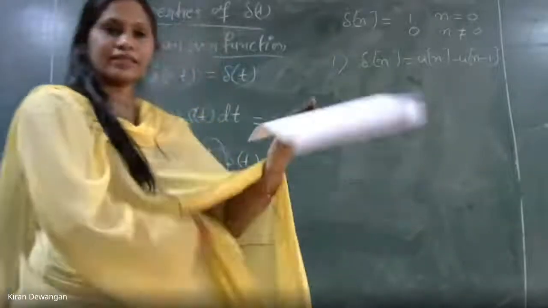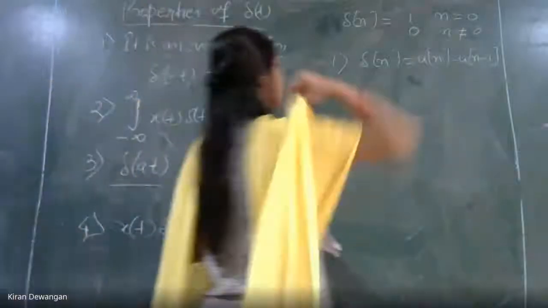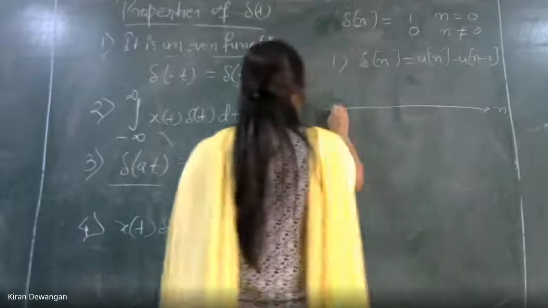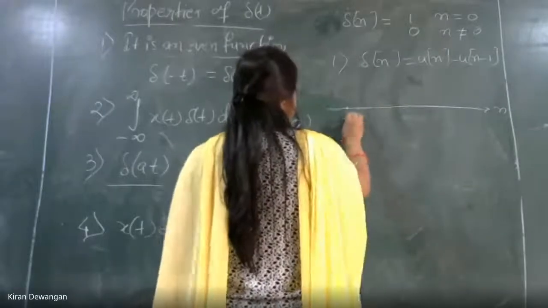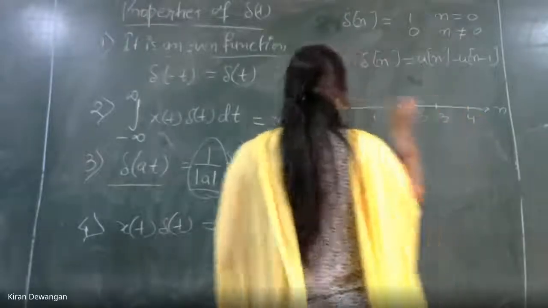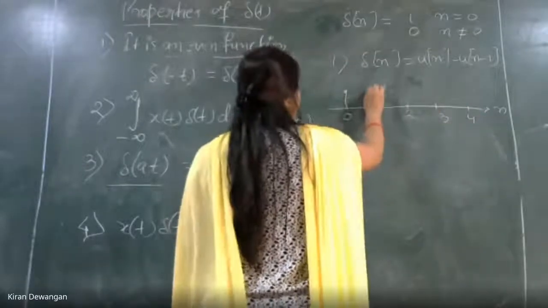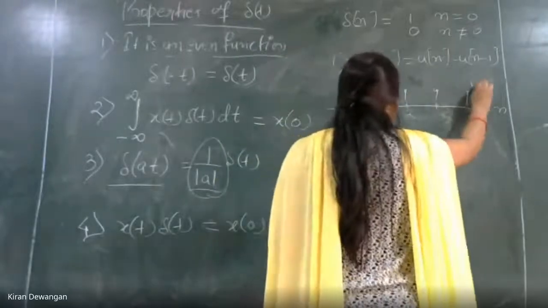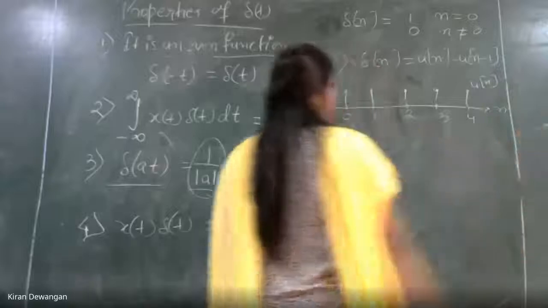Did you understand how it is written? Here n starts with 0, 1, 2, 3, 4, and this is going to be my u of n.